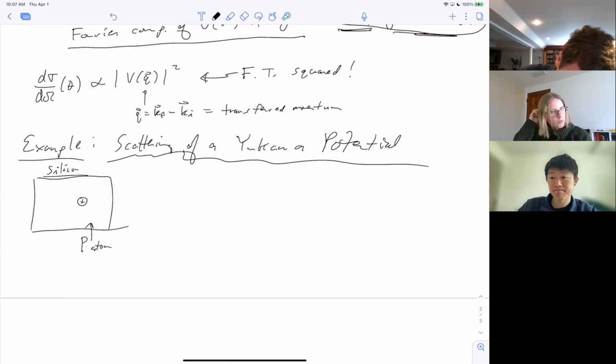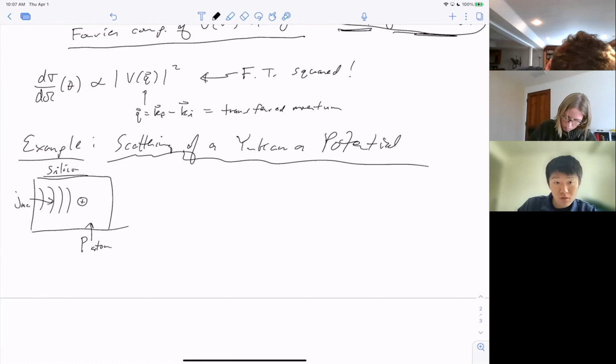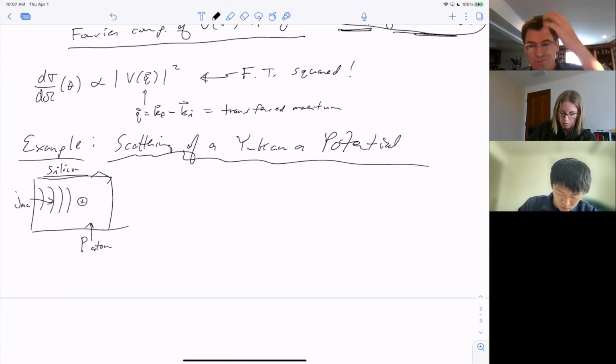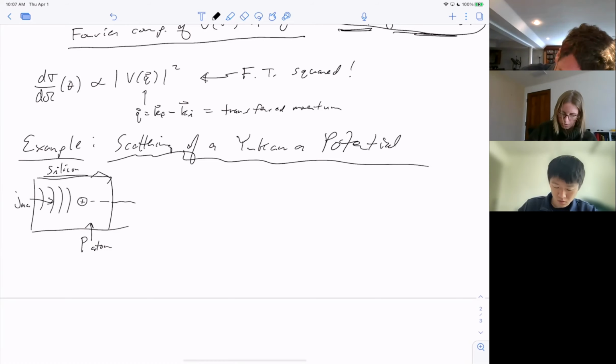So I'm shooting waves at it. I'm passing electrons into it with some incident probability flux, and I want to know how many of them go into this direction, where I have some other electrical circuit or transistor, at some angle theta.